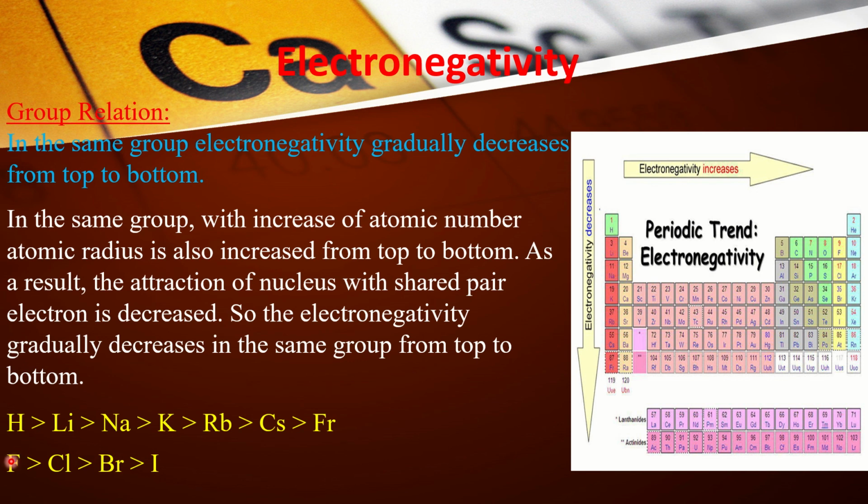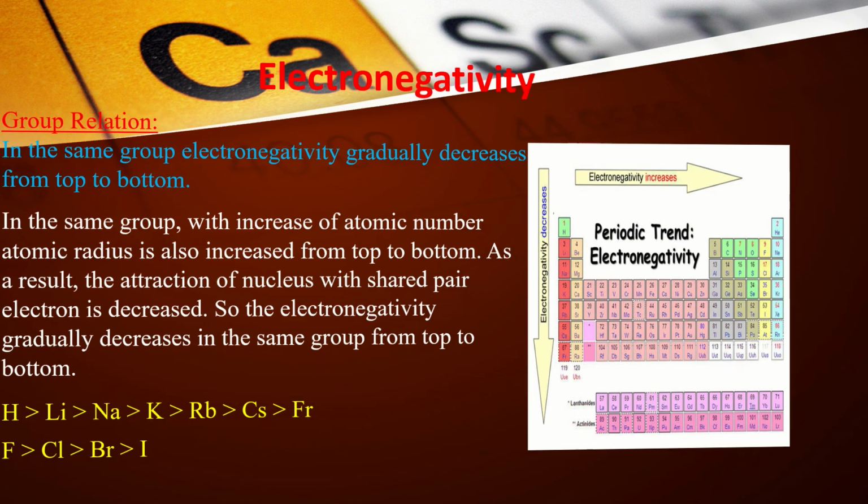Actually, fluorine has the highest electronegativity among all the 118 elements. Here also, inert gases will not be counted. We learned that chlorine has the highest electron affinity in the periodic table, and fluorine has the highest electronegativity in the periodic table.